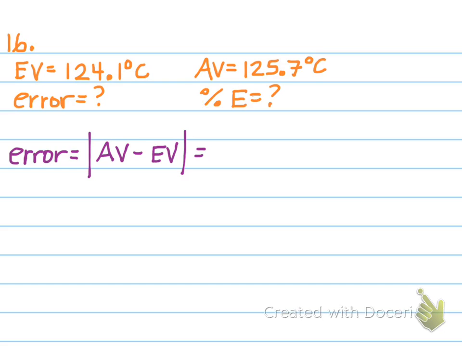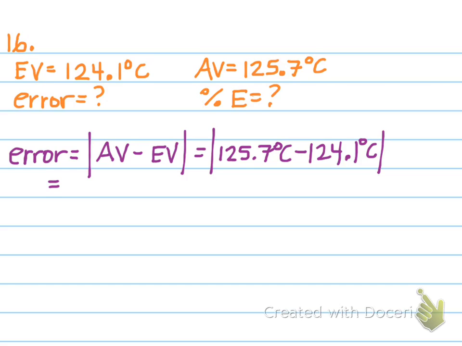So when I plug that in, my accepted value is 125.7 degrees Celsius. I'm going to subtract 124.1 degrees Celsius. Now, again, I do need to pay attention to significant figures, and we're adding and subtracting, so it's position, and each number has 1 decimal point, so my answer has to have 1 decimal point.